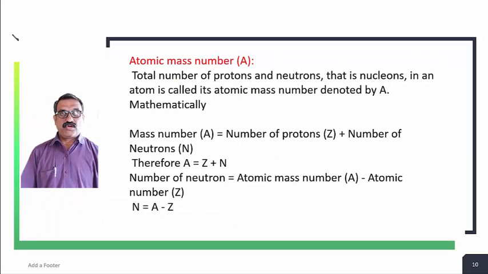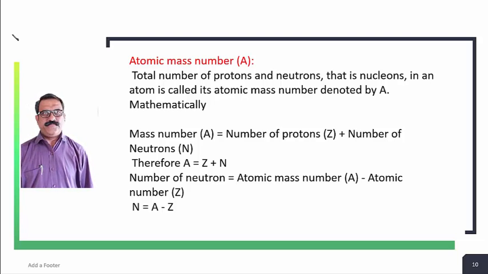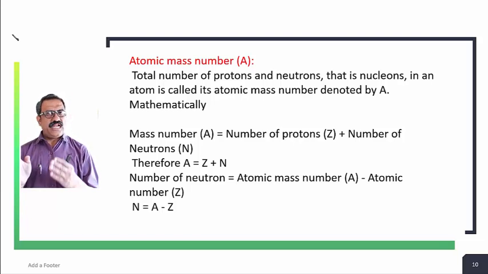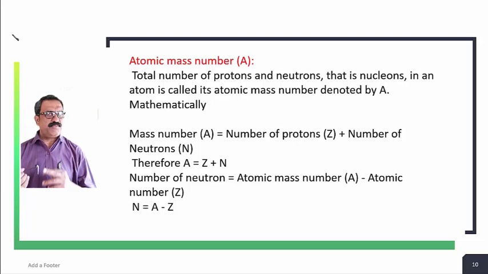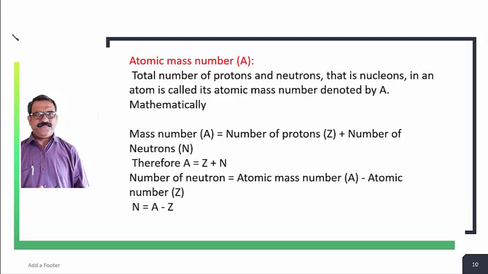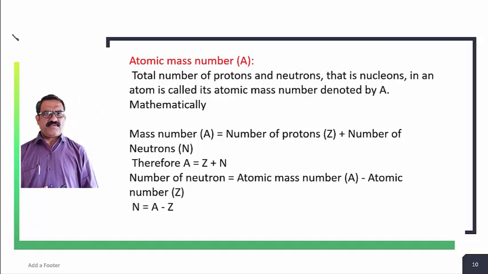Another most important definition. After atomic number, atomic mass number, which is denoted by capital A. In lower classes, we have already learned about atomic number, atomic mass number, number of neutrons, etc. But here, we will revise it in a short manner.